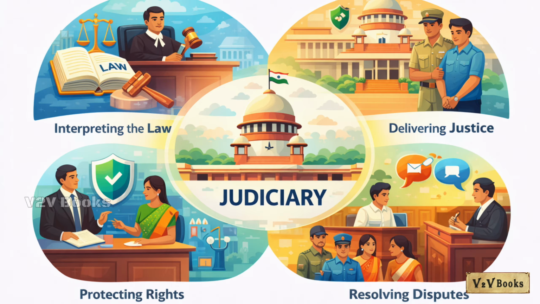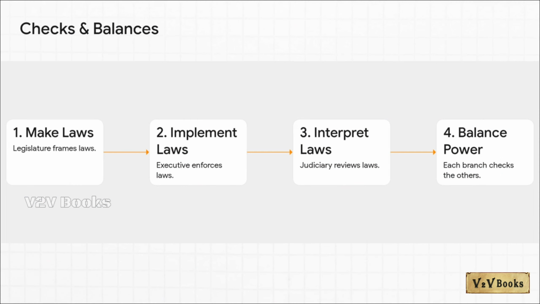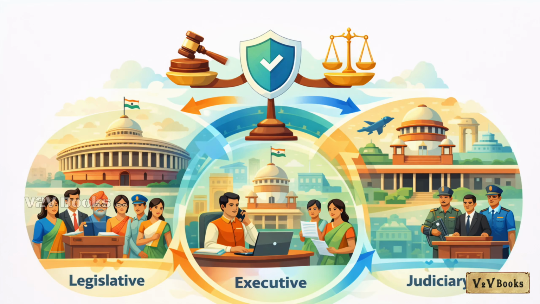Now here's where it gets really clever. These three pillars aren't just separate. They're locked in this constant dynamic power struggle called checks and balances. This is the absolute core defense against any one branch getting too powerful. So, for example, the legislature can pass a new law, right? But the executive leader, the president, might veto it and say, no, not happening.